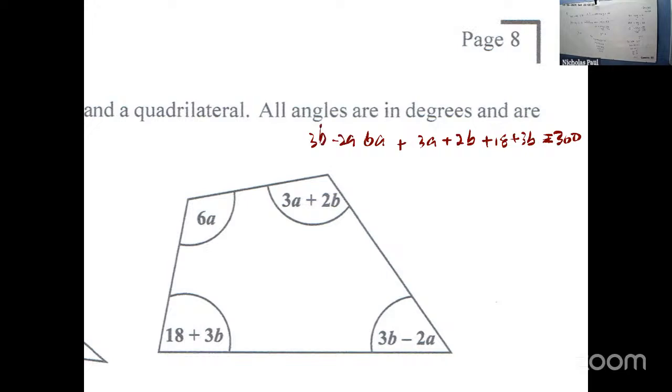And then add it up. Minus 2 plus 6 is 4A plus 3A, that's 7A.